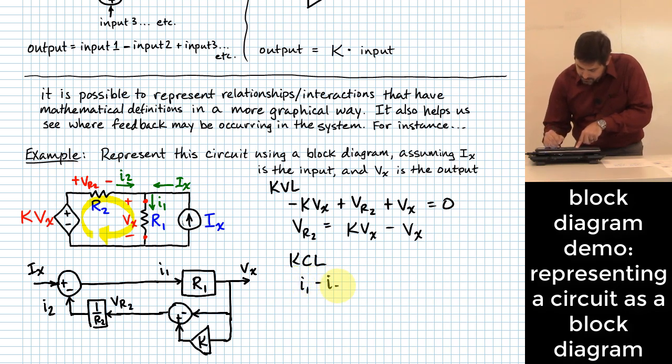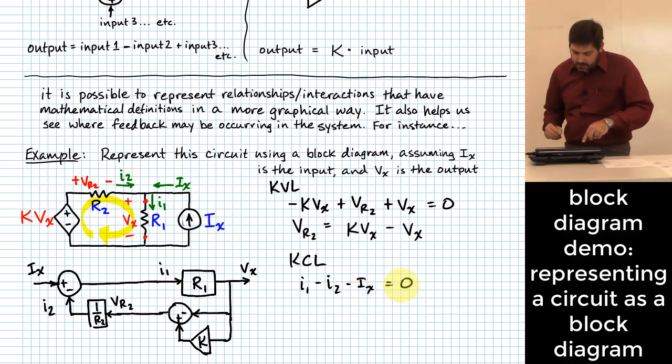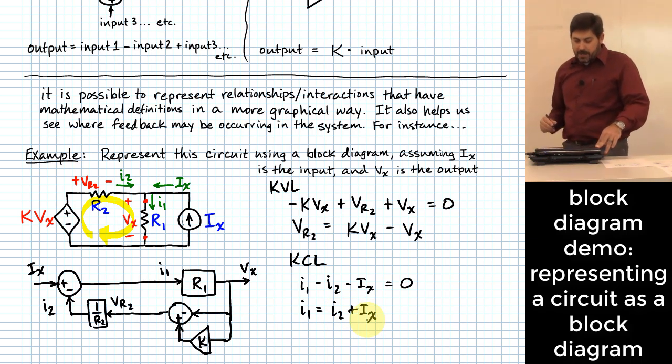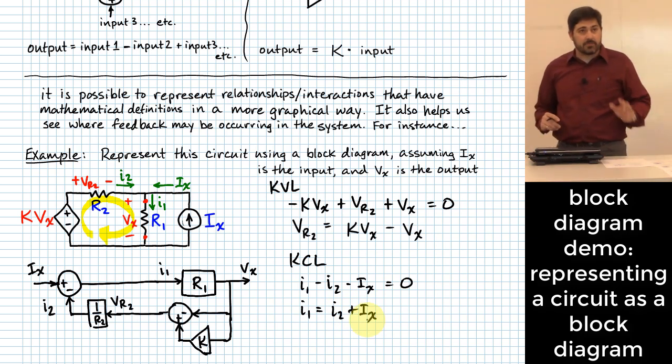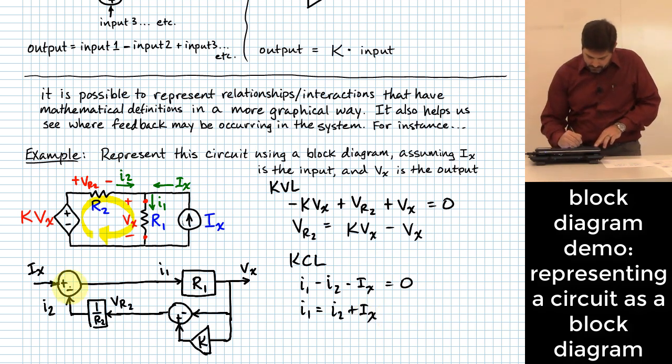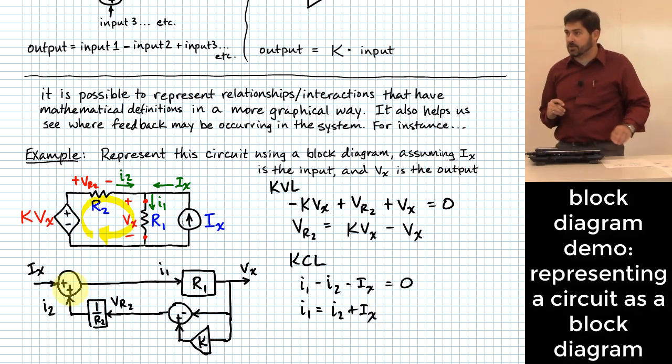Minus I2 minus Ix would be equal to 0. And if what we're trying to do is solve for I1, what would that be? I2 plus Ix, right? So how is my diagram that I have shown right now incorrect? I shouldn't have subtracted that. That should have been added right there, right?